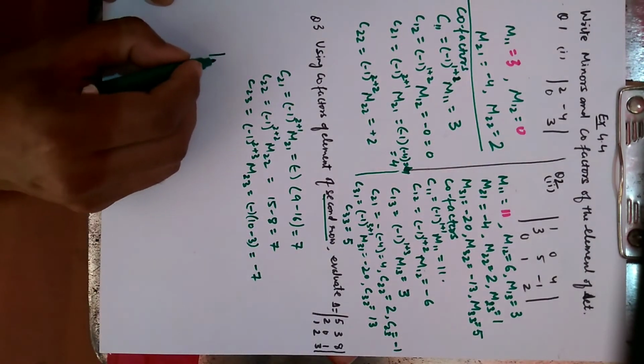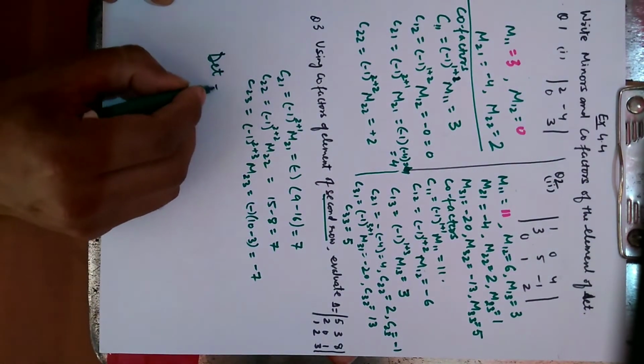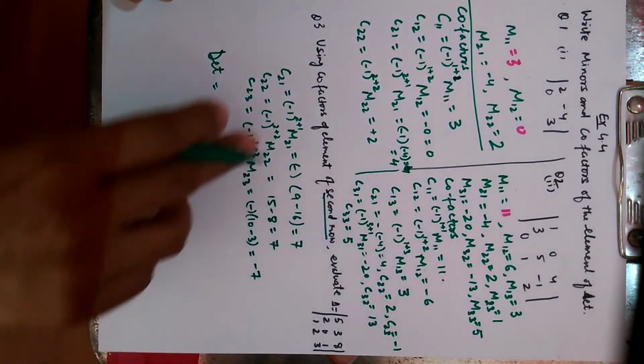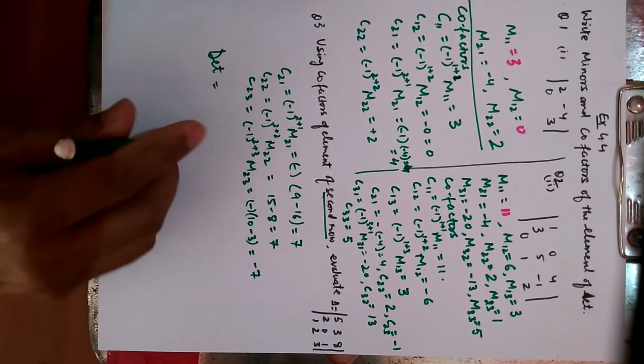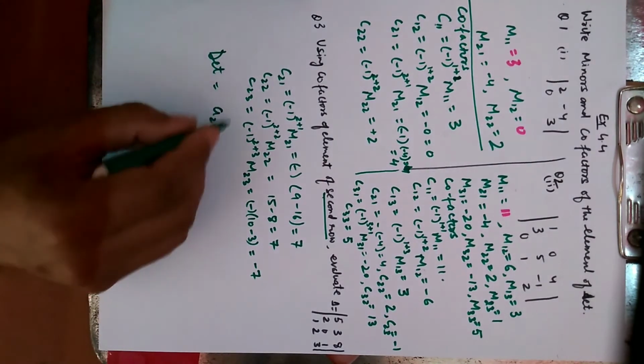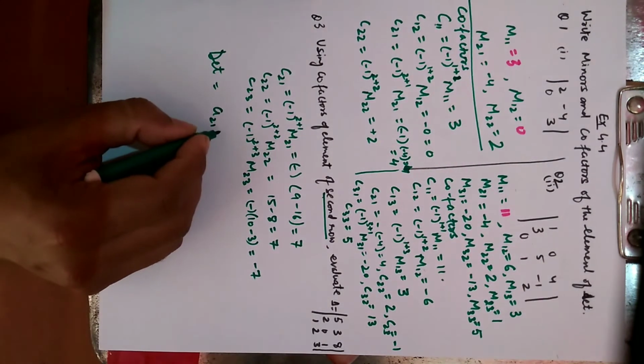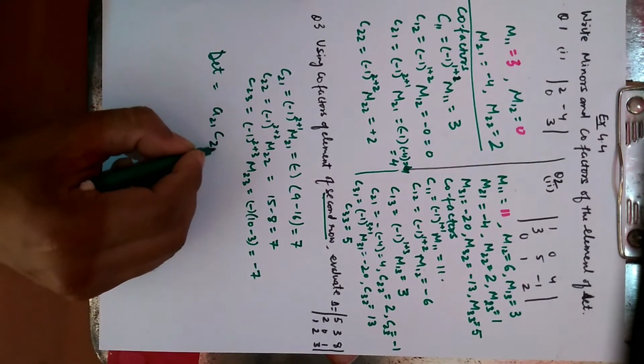Now the value of the determinant, let's say this is determinant A. So the determinant's value will be, see the cofactors I have found for the second row, and if I do A21, this is the element of the second row, first element, multiply with C21.